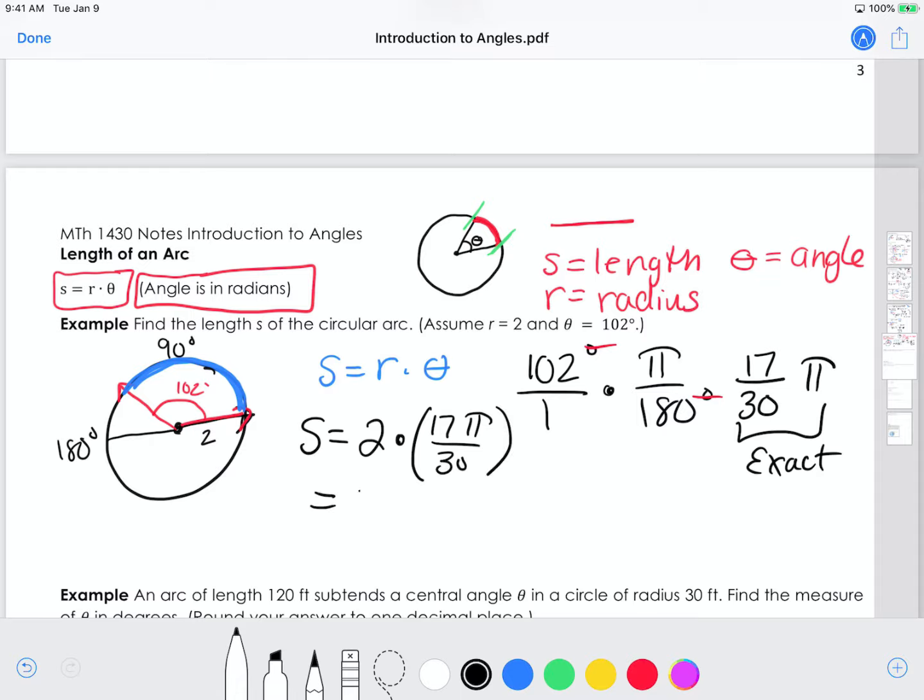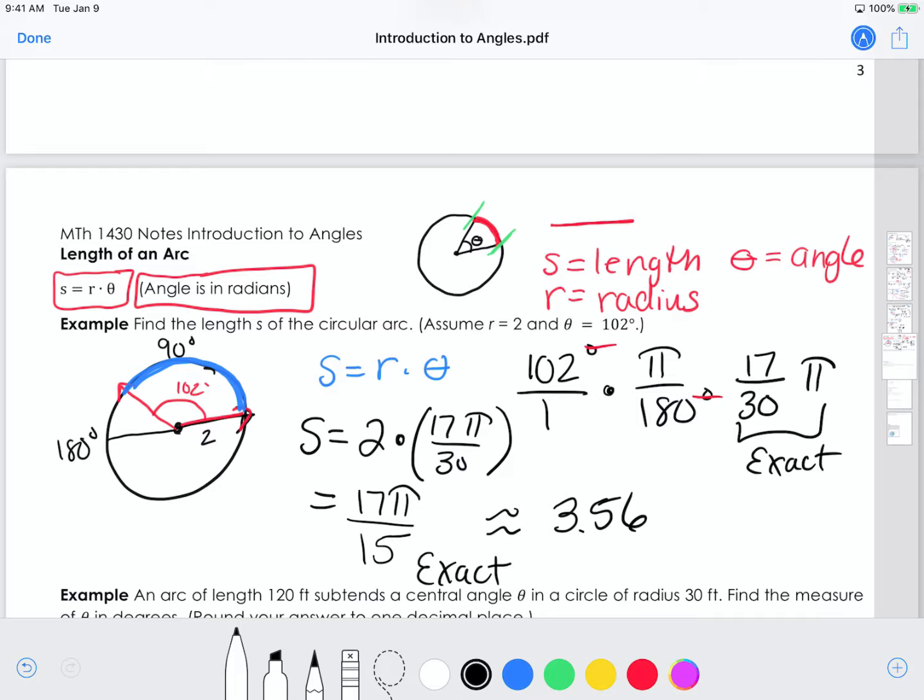So my final answer is going to be 17 pi over 15. So that would be my exact answer. Now if I want an approximate answer, I would take 17 divided by 15 and use the pi button on my calculator, multiply by pi. And if I round it to, say, 2 places, I would get 3.56.